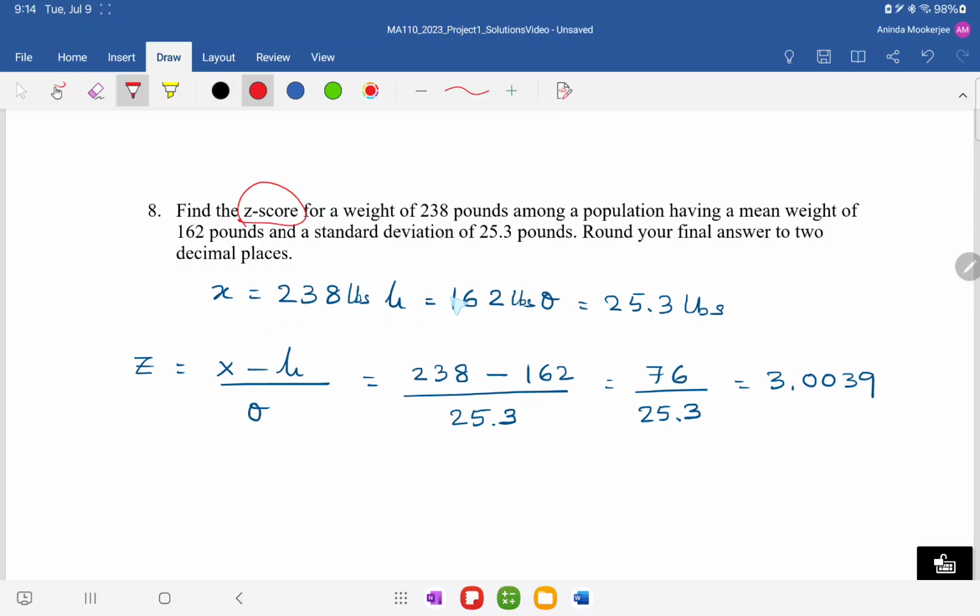So first list all your data set. Your individual observation is 238 pounds because they want to know how much 238 pounds deviates in unit standard deviation from the mean weight of 162 pounds. So mu is 162 and the standard deviation is 25.3.